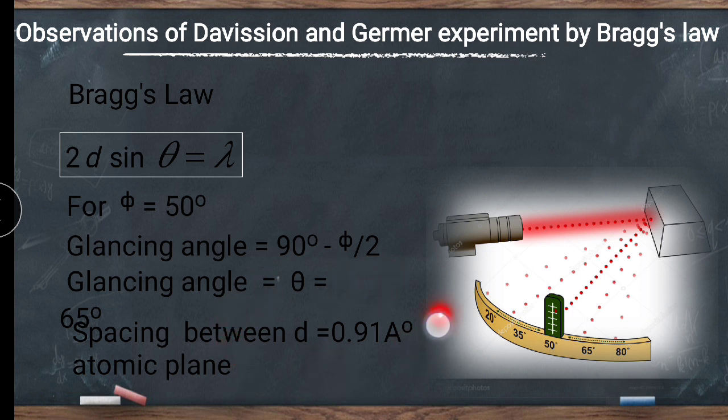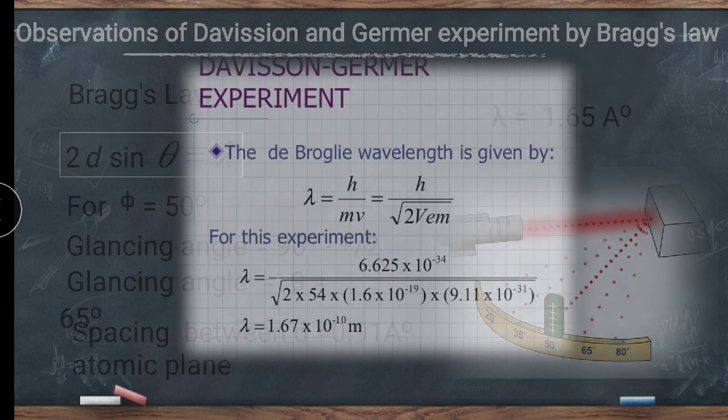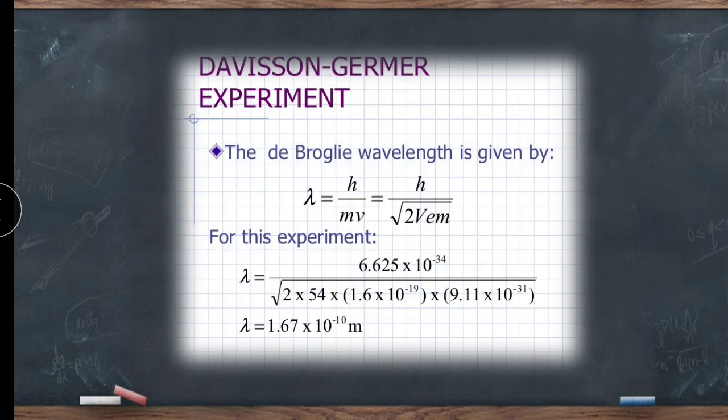When we keep these values in this equation, we get the value of lambda equal to 1.65 Angstrom, right? So friends, now we made one calculation for wavelength with the help of Bragg's law on the observations of Davisson and Germer. Now the same observation, same calculation we are going to do for the de Broglie formula, right?